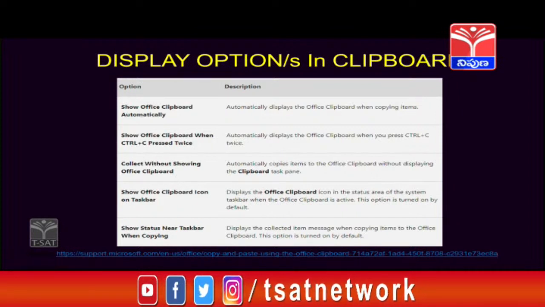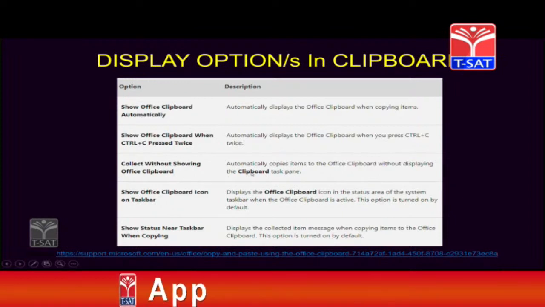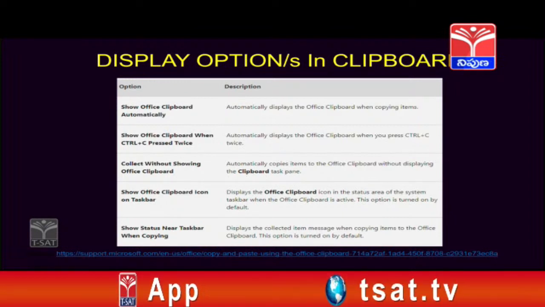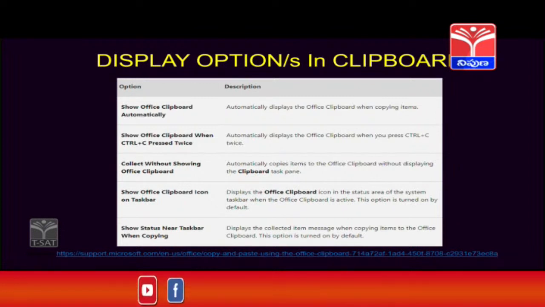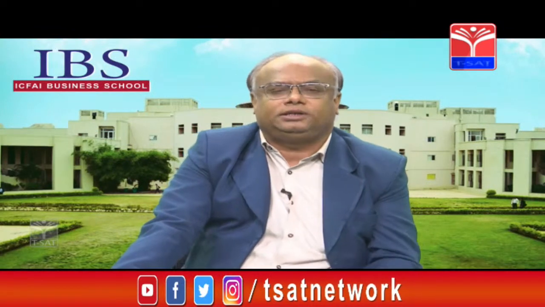So, what happens if we select this? It automatically copies the items to the Office clipboard, but the clipboard pane is invisible. So your clipboard would not be visible to you, but your content would still be copied in the clipboard.